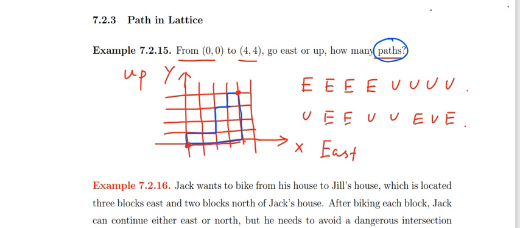So we find that from this point to this point, we should have 4 east and 4 up, right? 4 east, 4 up. So we have 8 positions.